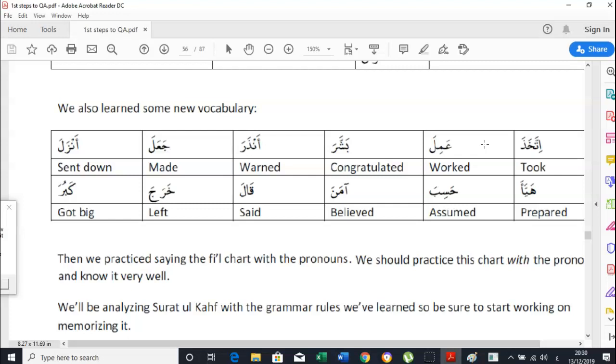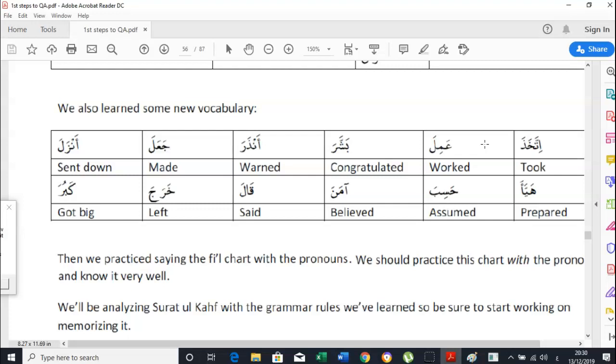Okay. We worked. Amilna. She worked. She pronoun. Amila. Very good. Those women worked. Say again. Those women. Think about the pronoun as well.